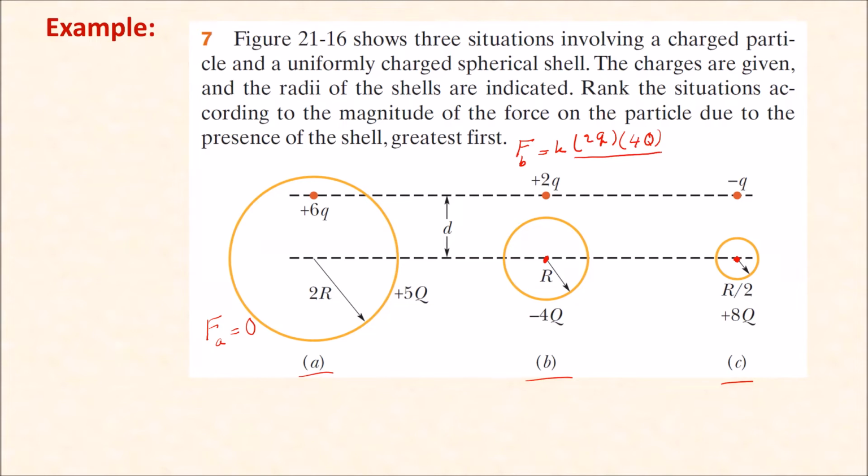Divide by this d, the distance between the center and the particle, d squared. Right? Is that clear? And F_C is k times Q times 8Q, divided by the distance again, d.